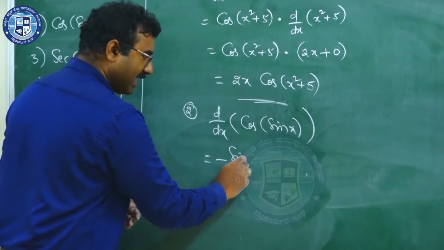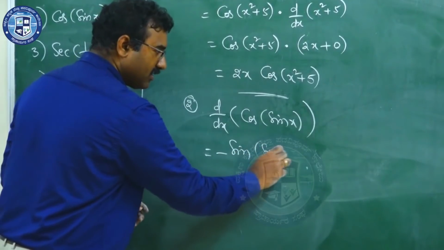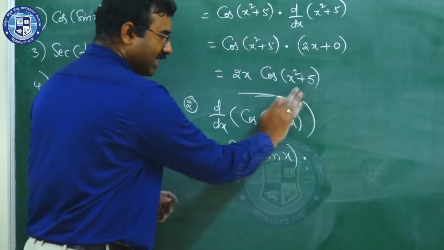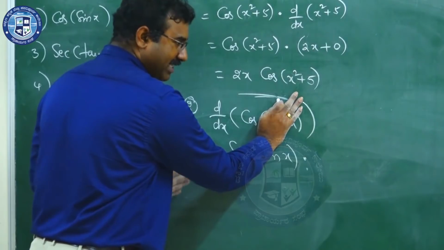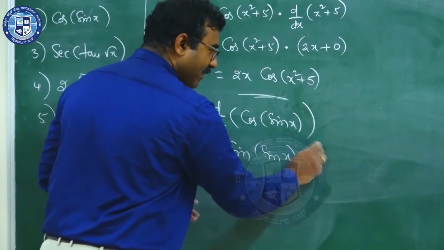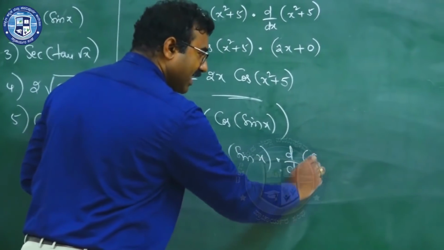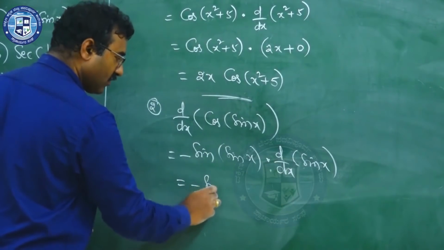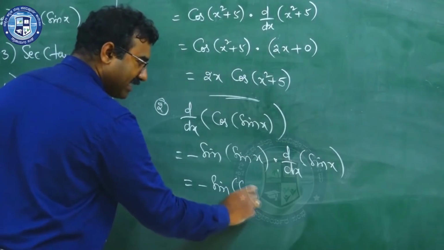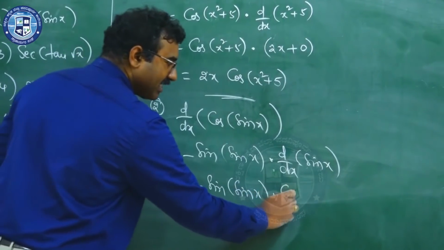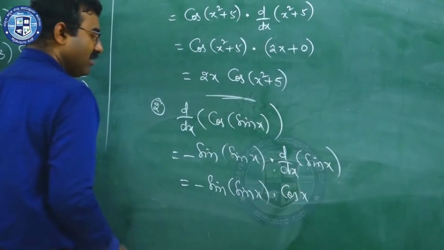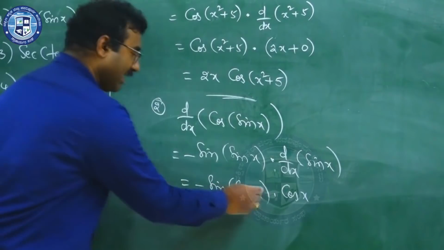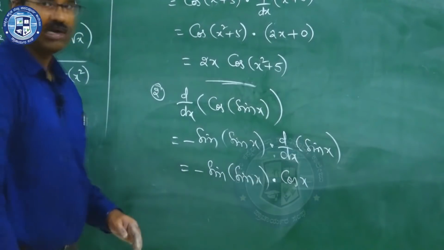So, minus sine of sin x into, because it is not x now, you assumed as x, that is it, into d by dx of sin x. So, what is d by dx of sin x? D by dx of sin x is cos x. So, this is the final answer, minus sine of sin x into cos x.